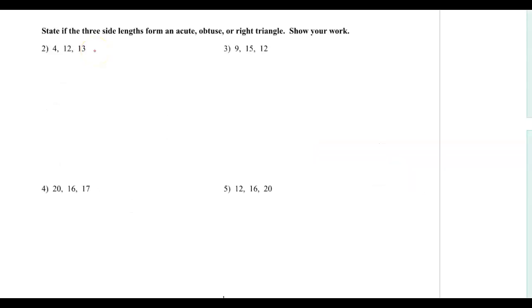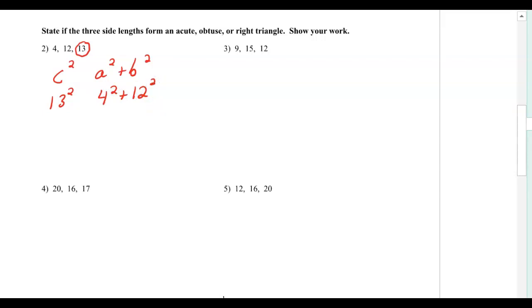Let's look at a couple examples. If we look at problem number 2, c has to be the 13, so I'm going to write c squared, a squared plus b squared. C is the largest side, so I'm going to say 13 squared. For the a and b, it doesn't matter what order I put those in, so I'll say 4 squared plus 12 squared.